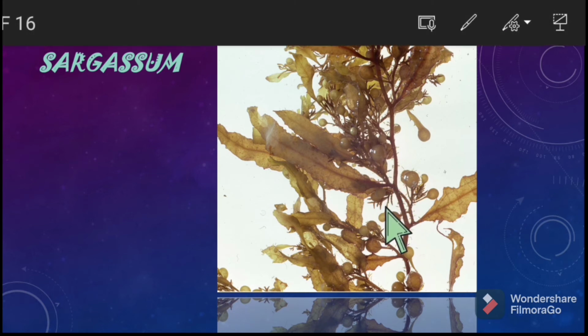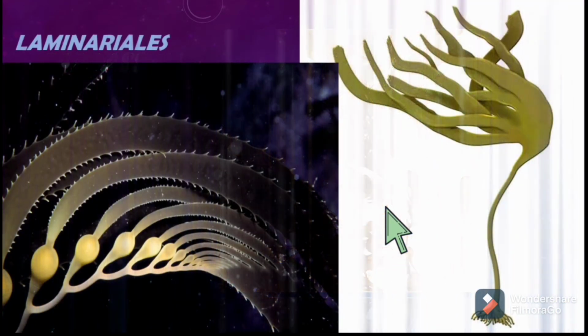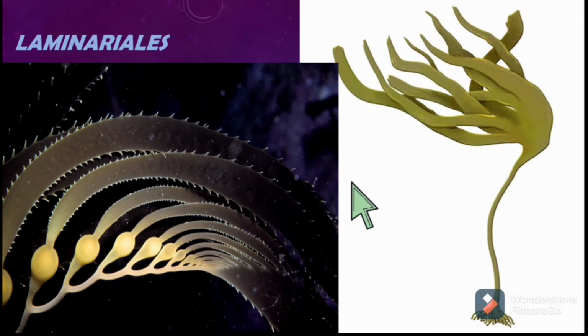And in the case of Laminariales, they show much greater morphological and anatomical differentiation. The sporophytes, the plant body, are differentiated into two main regions: the lower part, that is the cylindrical stipe, and the flattened blade or lamina.